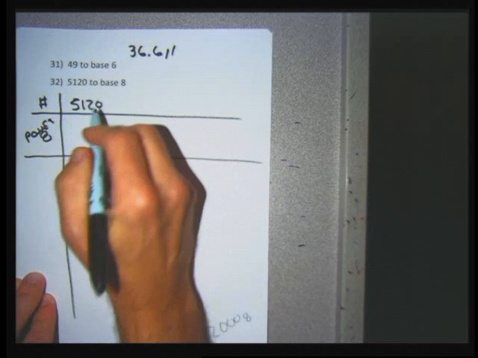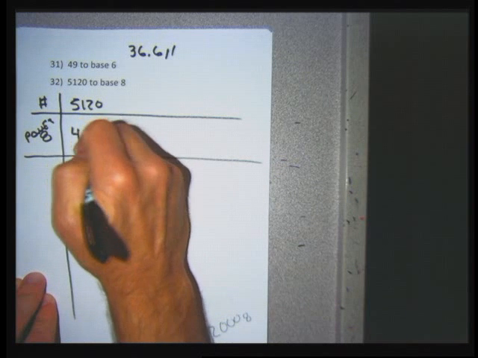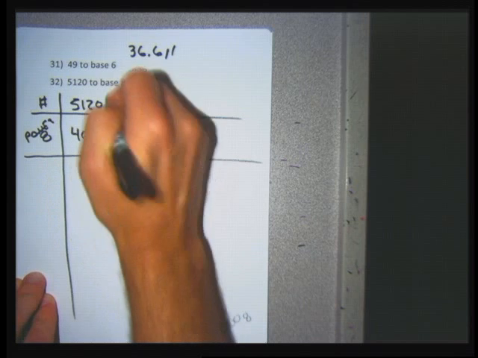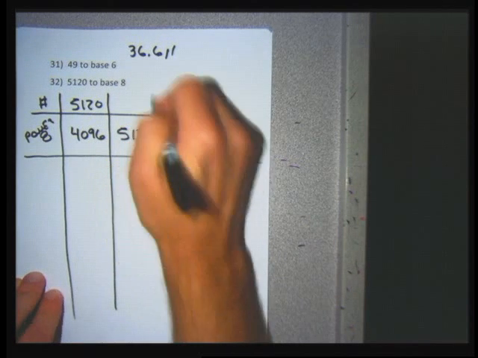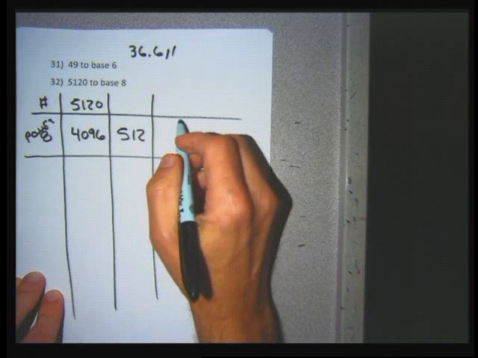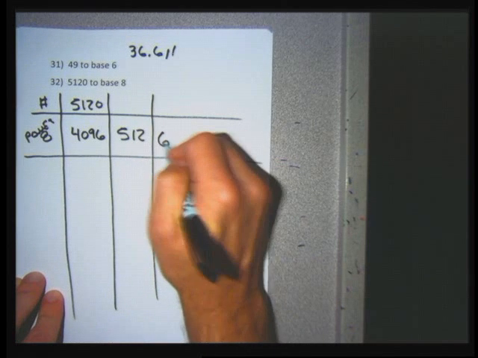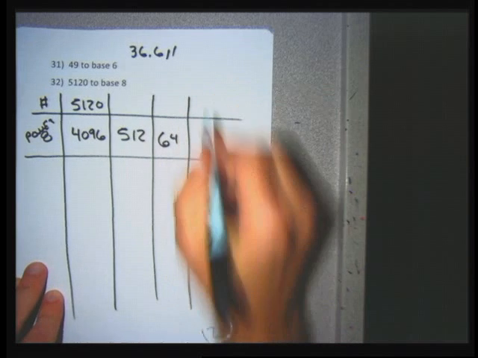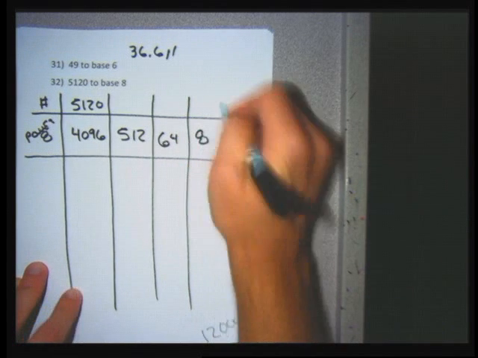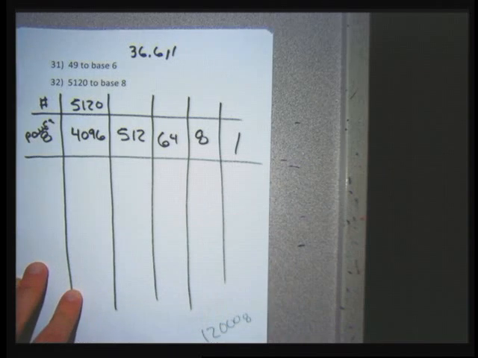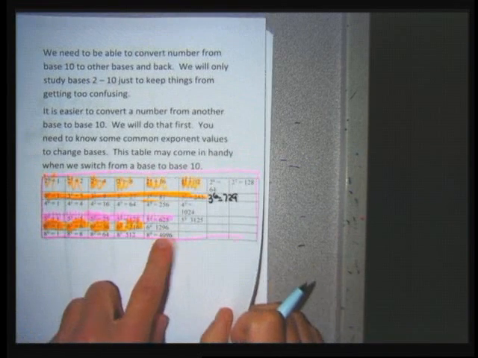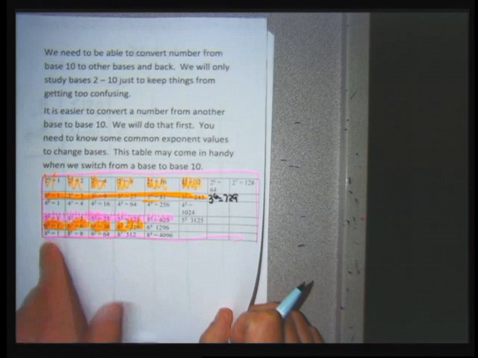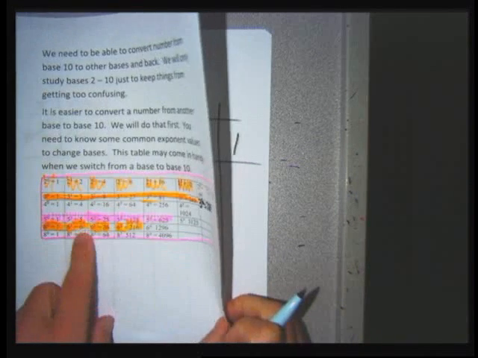And for me, it's going to be 4,096, 512, 64, 8, and 1. Again, you just have to have the powers at your fingertips. That's why I keep exploiting this table. So I took all those 4,096, 512, 64, 8, and 1. From yours, I just took the 36, 6, and 1 from the powers of 6.